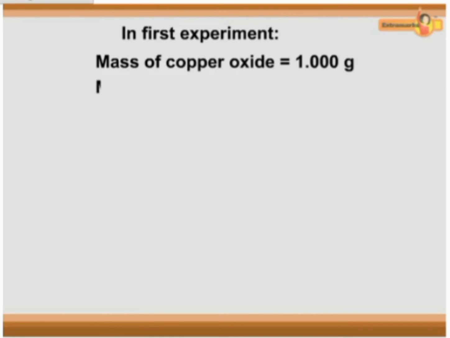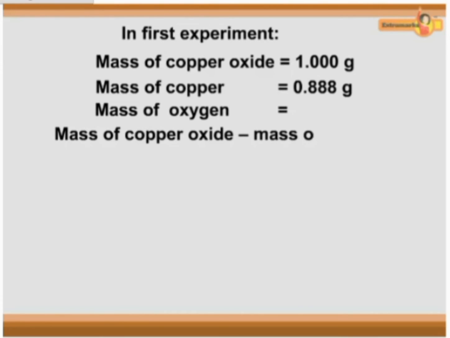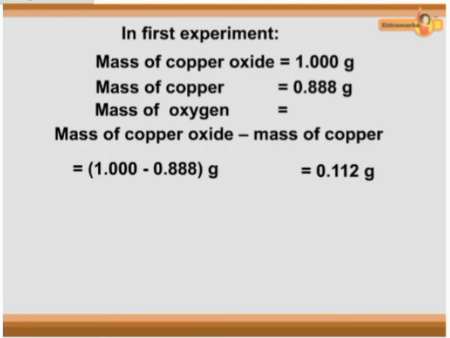In the first experiment, the mass of copper oxide is 1 gram and the mass of copper is 0.888 gram. By subtracting the mass of copper from the mass of copper oxide, the mass of oxygen is obtained as 0.112 gram.